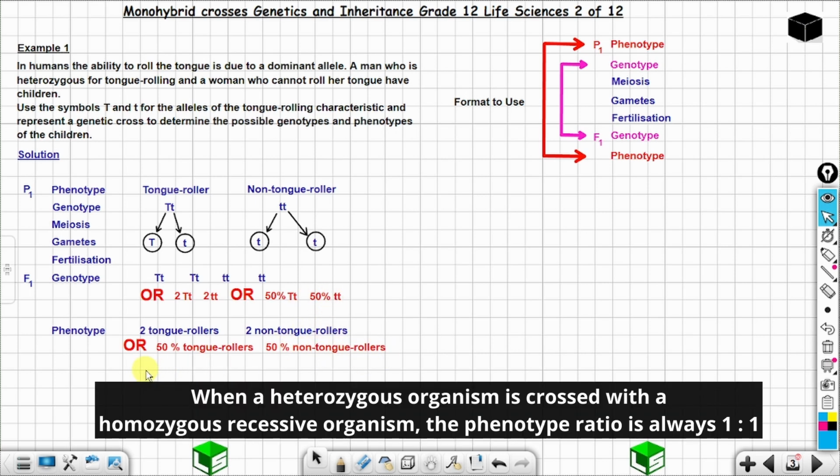Or you can give the ratio. The ratio is 2 is to 2. Okay, 2 is to 2. Or you can simplify. You divide by 2. You are going to have 1 is to 1. So you can give your answer like this, or like this, or as a ratio. Okay, depending on the question, you are going to give what they want from you.